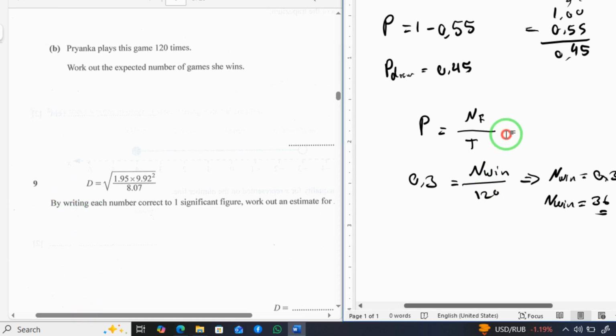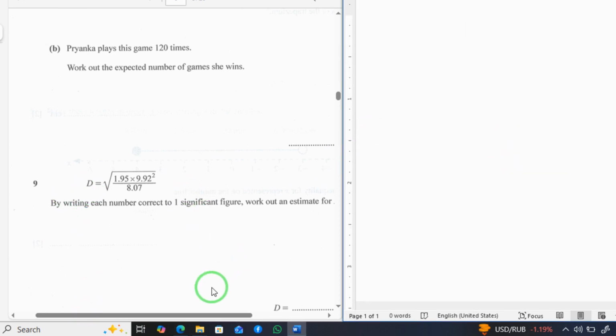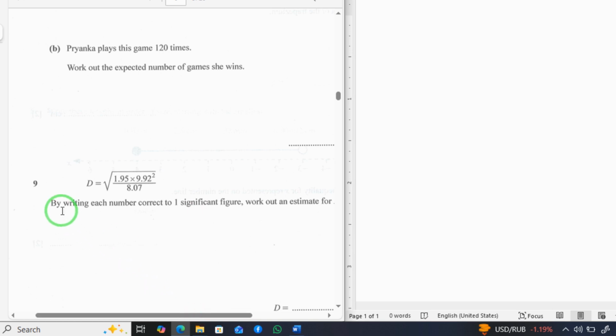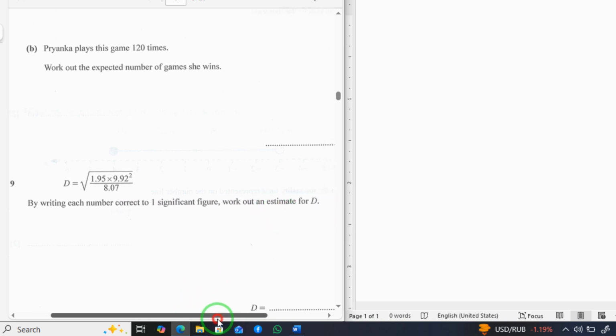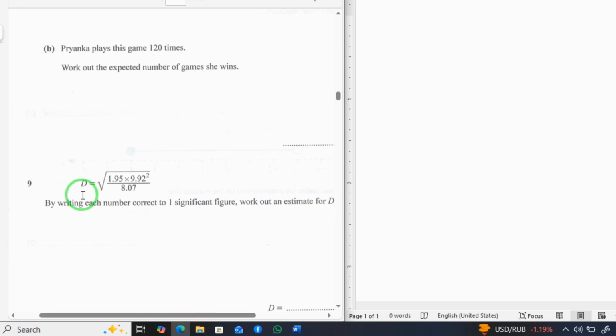Now we start question number 9. What it asks us: by writing each number correct to one significant figure, work out an estimate for D. We should find the value of D to one significant figure.